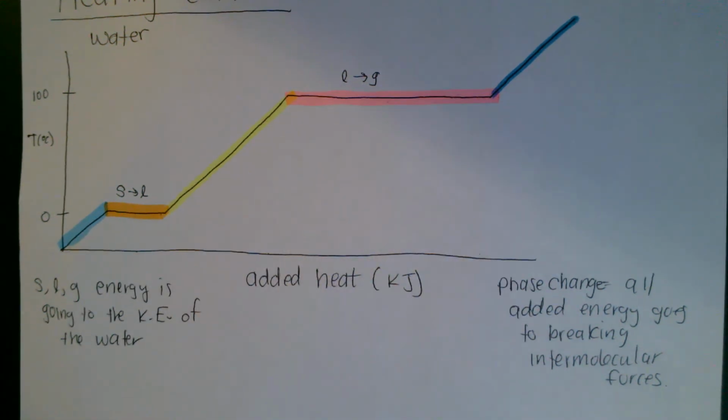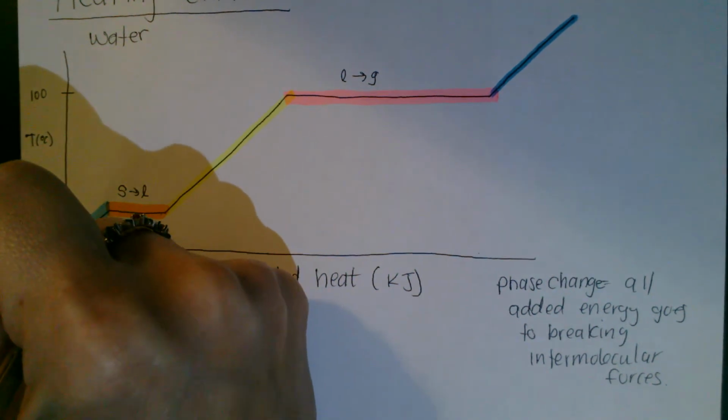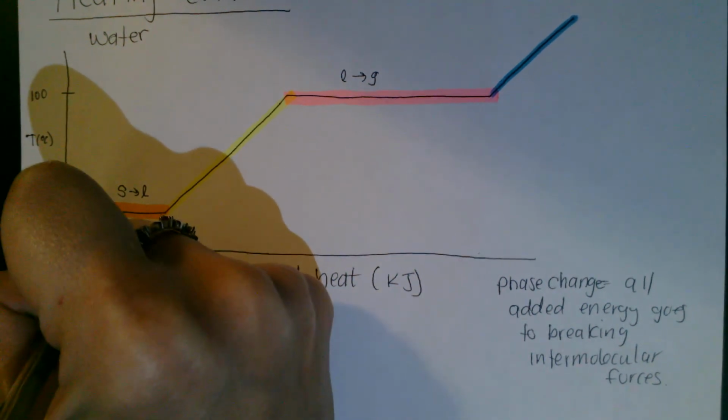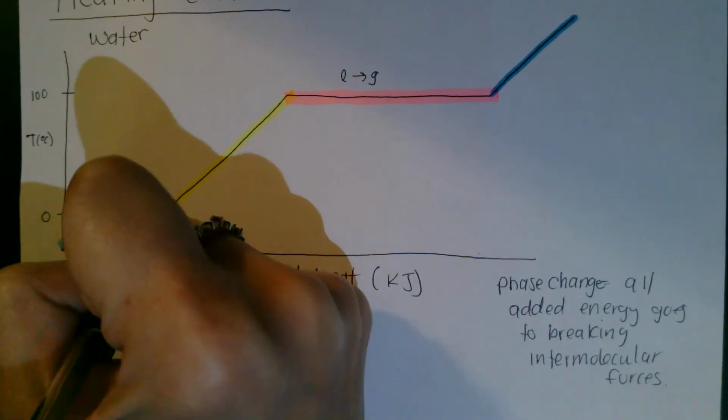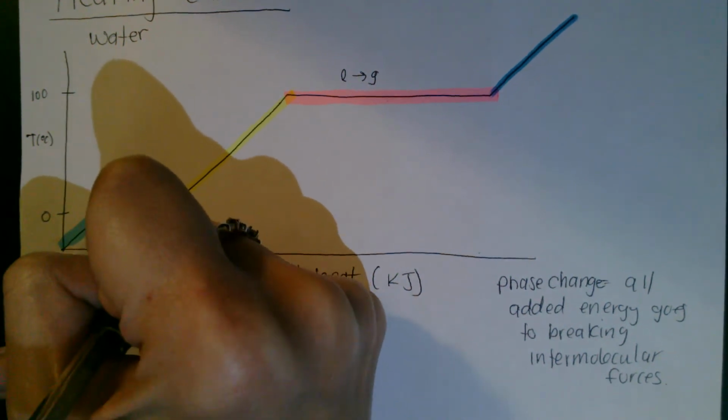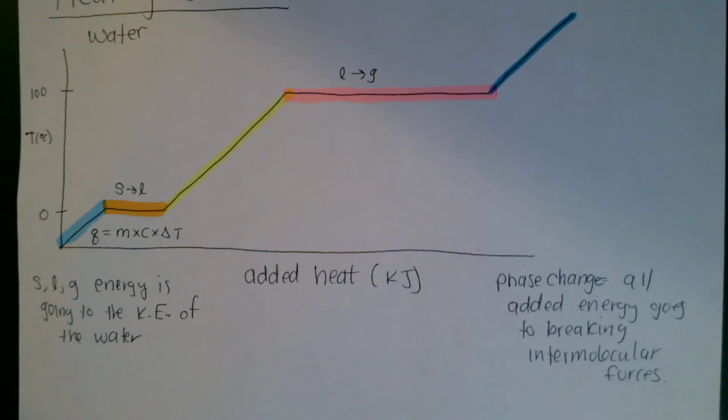Okay, so we can measure the energy required in each of these steps here. A couple of these will be familiar, hopefully. So this blue one, we can use Q equals M times C times delta T. So we can use our standard heat formula here, where that C is the specific heat of the solid. Specific heat does change as we move through the phases, and we'll see that when we do our example with water.